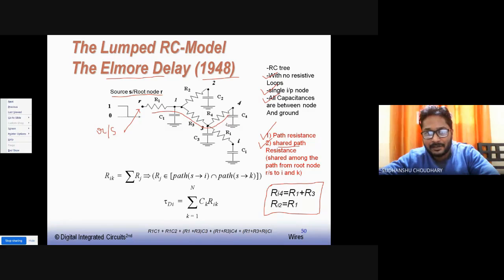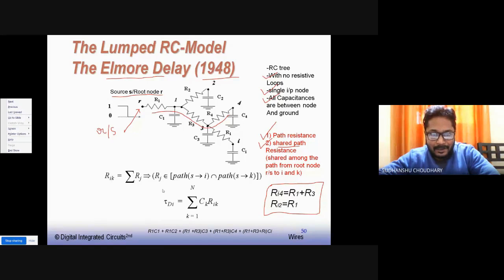R1 and R3 are shared between node number I and node number 4. So Ri4 I write as R1 plus R3. Similarly, if somebody wants to know the shared path resistance from root node to ith node and second node, second node is here and ith node is here, so the total resistance is only R1. So Ri2 I write as R1.